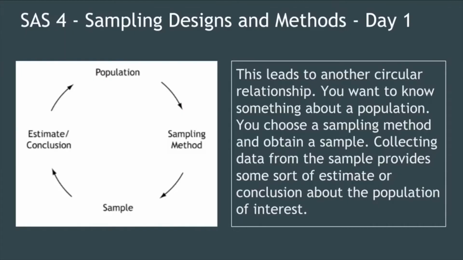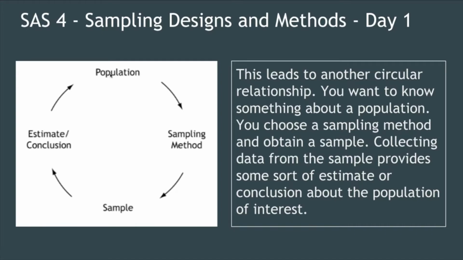So this leads to another circular relationship. If you want to know something about a population, you have to choose a sampling method and obtain a sample. Collecting data from the sample provides some sort of estimate or conclusion about the population of interest. So we want to design a sampling method that creates a sample that is representative of the population, which helps us get a good, accurate estimate and come to an accurate conclusion.